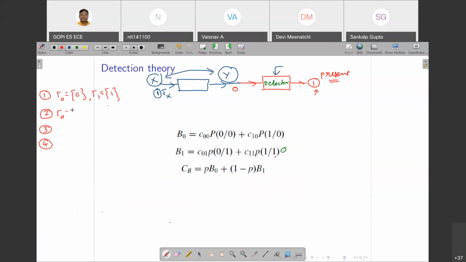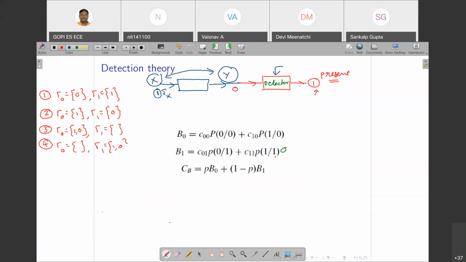Gamma naught is 1 and then gamma 1 is 0 here. Then gamma naught is 1 0, and let us say gamma 1 is going to be null in this case. Finally you have gamma naught as null, and gamma 1 as 1 0.